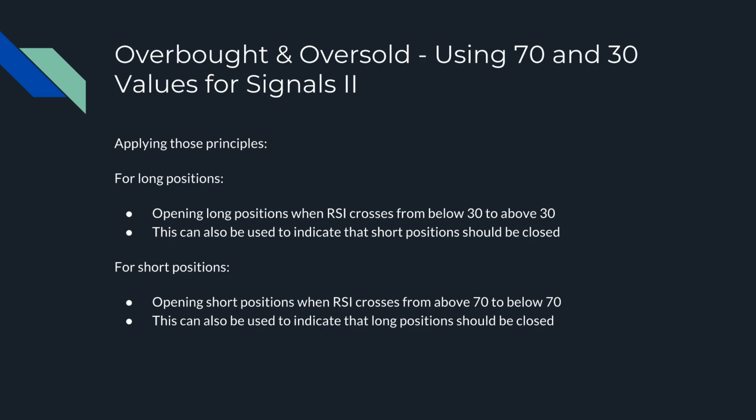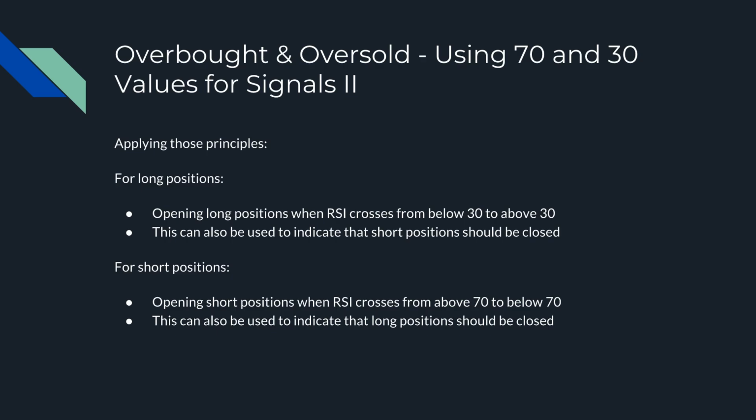The 30 level and below is oversold. If the RSI crosses from below that level to above that level, that suggests that the market is becoming less oversold. So that means the buyers are stepping in, the bulls are waking up, whatever you want to call it, and they're going to push the price up, and you want to ride that with them. So it's a good time to take a long position.